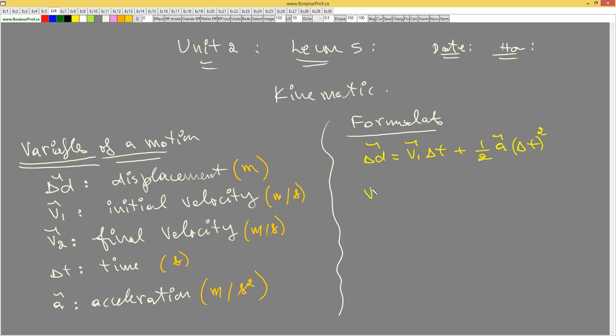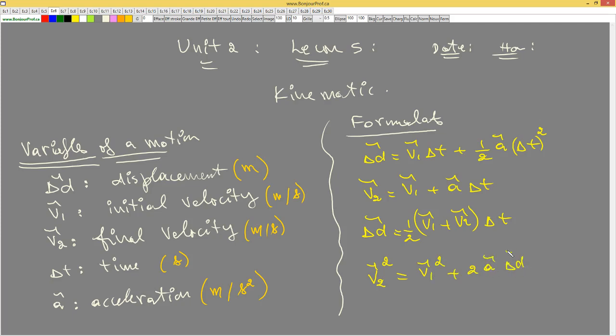The second formula is V2 equals V1 plus A delta T. The third formula is delta D equals a half, V1 plus V2, times delta T. The fourth formula is V2 squared equals V1 squared plus 2A delta D. This is the set of formulas that we're always going to use with kinematics.